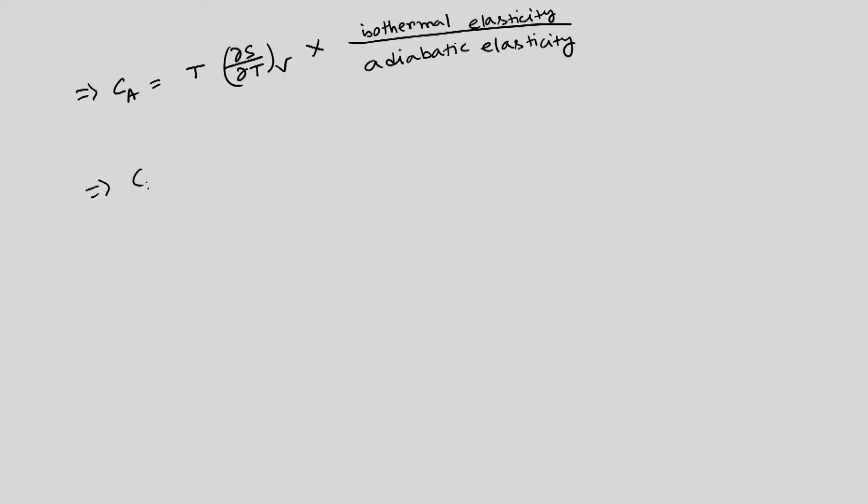So, we get Ca equals Cv times Cv by Cp. So, we get Ca equals Cv squared by Cp.